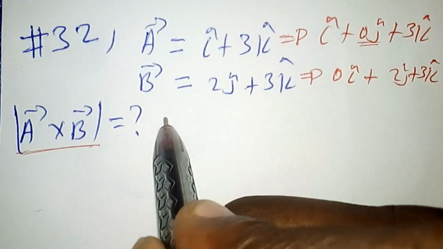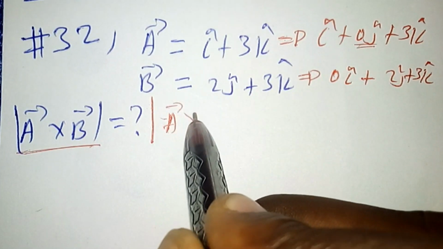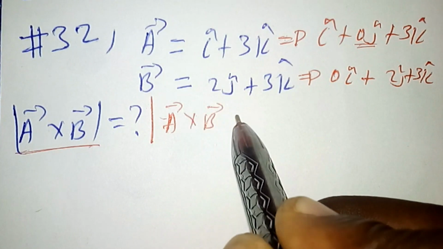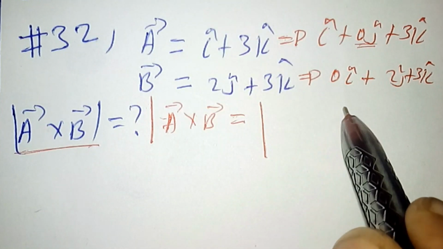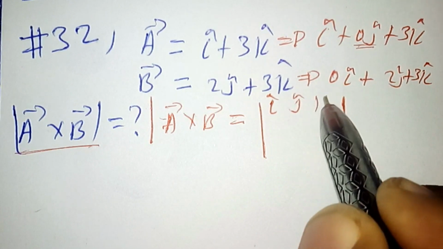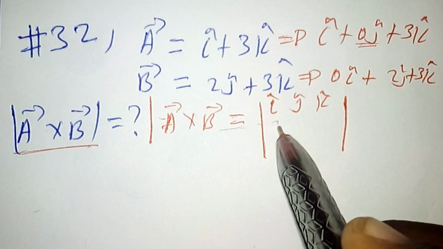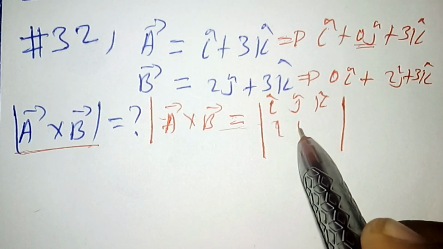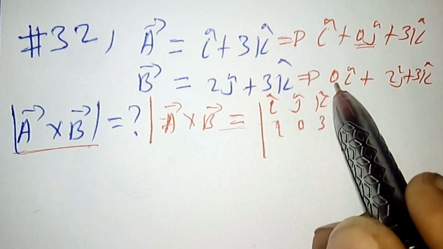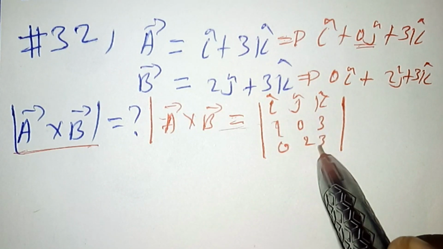First we have to find the A cross B vector. A cross B equals, I can use the Cramer's formula or the determinant formula with i, j and k. Components of A are 1, 0 and 3, and the components of B are 0, 2 and 3.